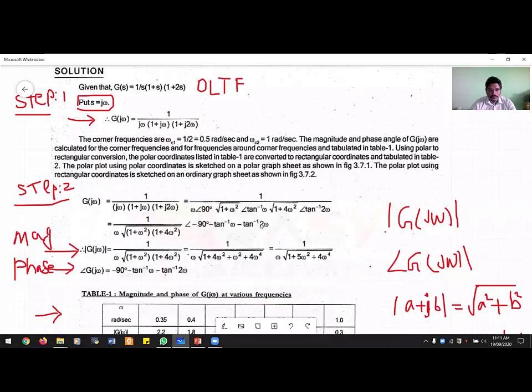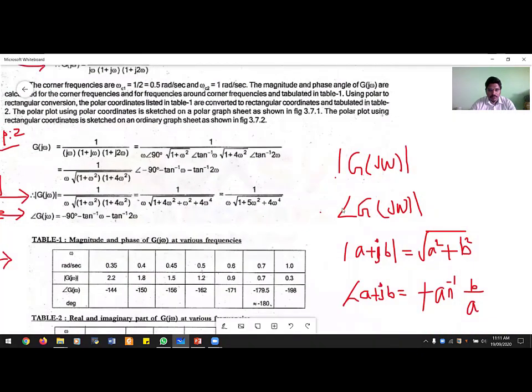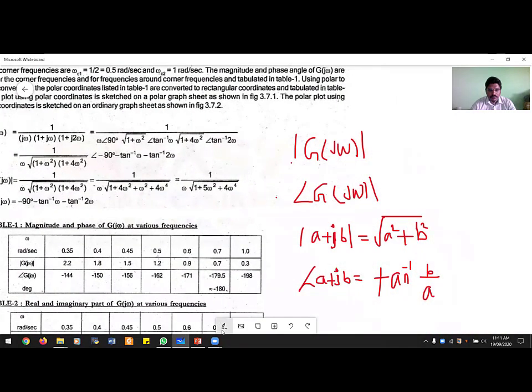How to calculate? For that you have to remember this complex variable formula. You might remember a + jb, where a is the real term and jb is the imaginary term. For this term, the magnitude means you have to take the modulus, so the magnitude is equal to root of a square plus b square.